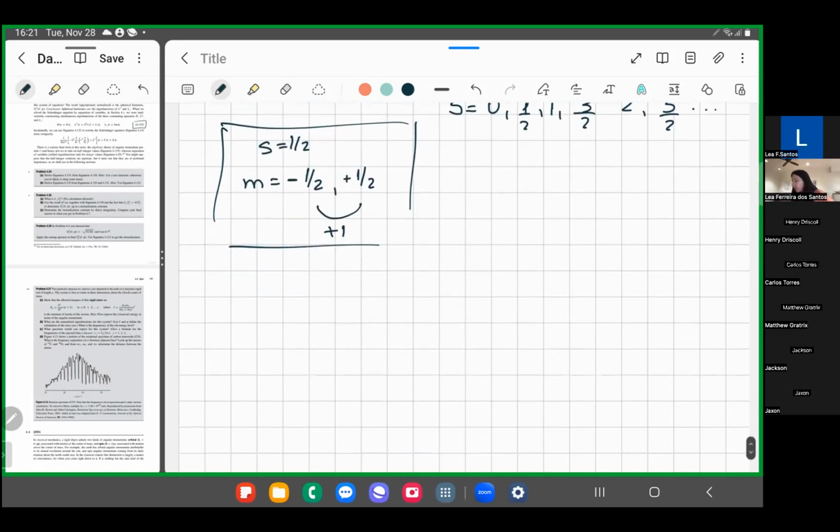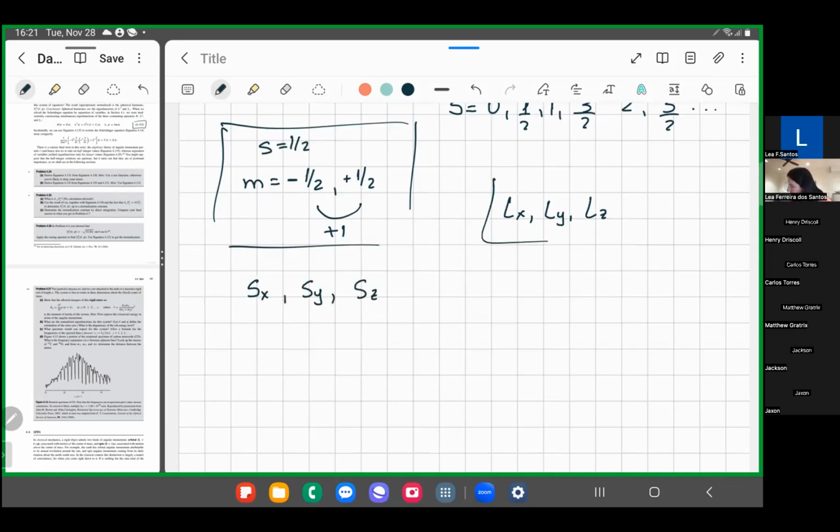Okay, so how are we going to be dealing with spin? Everything that we learned for the angular momentum, Lx, Ly, and Lz, we are going to just use the same procedure, the same formalism for the spin, for the Sx, Sy, Sz.